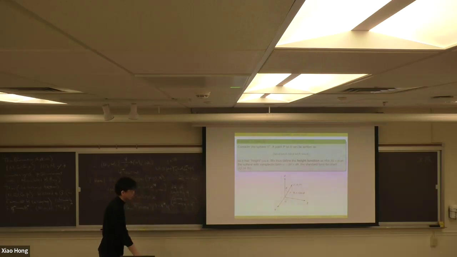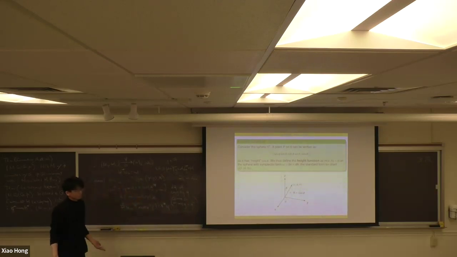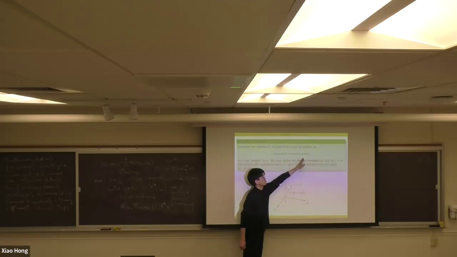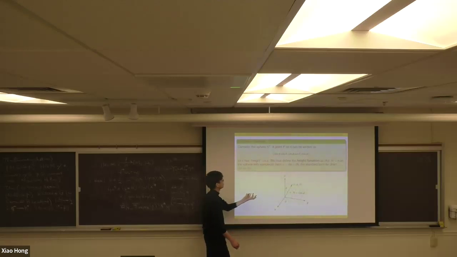The first one is the sphere. So consider a two-dimensional sphere, and we have the spherical coordinates. This gives the charts, and this is the x-axis, y-axis, and z-axis. Take out the z-axis to call that height. You find that it's the height function for each of the points.